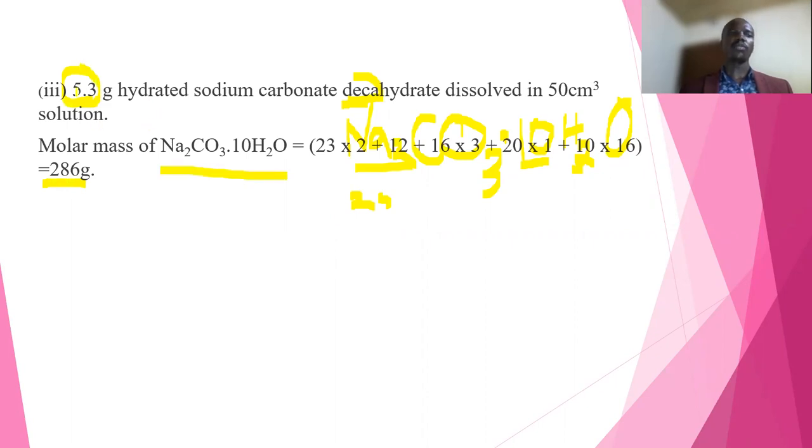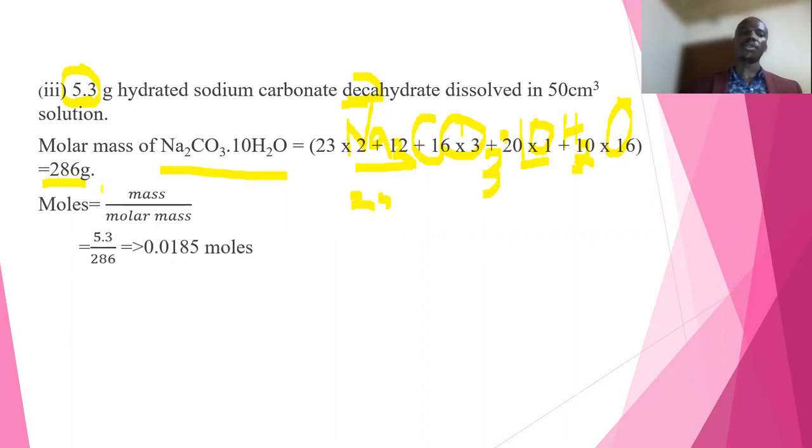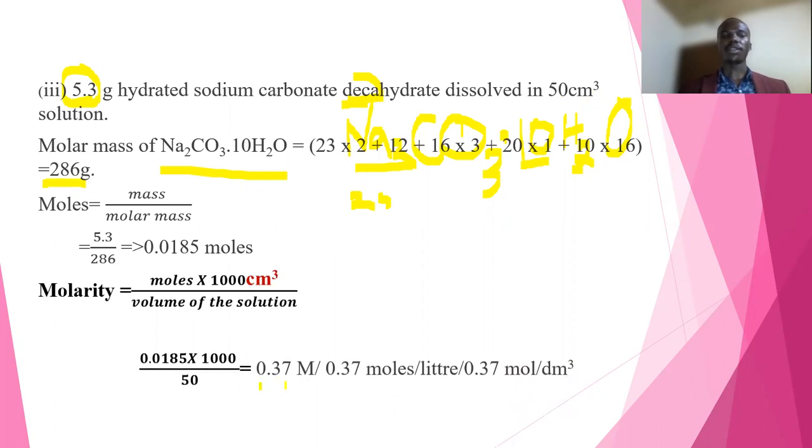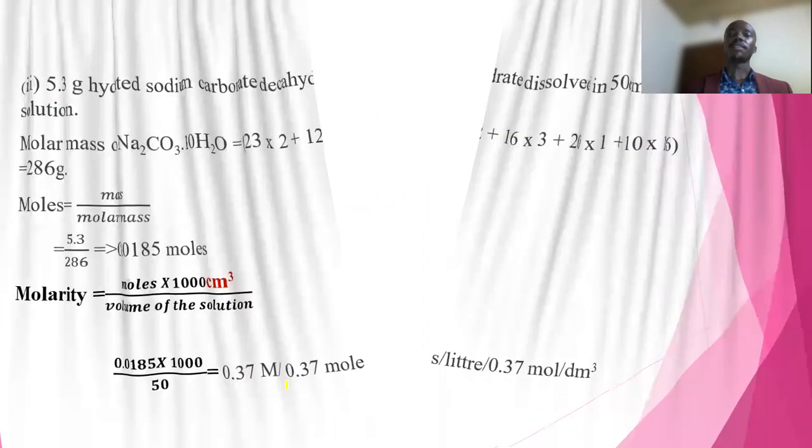It will be 5.3 divided by 286, and the answer will be 0.0185 moles. From there, we can get the molarity, which will be the moles gotten, you multiply by 1,000, then you divide by the volume, which is 50. That will give you 0.37 M, or 0.37 moles per liter, 0.37 mole per dm cubed is the same thing.